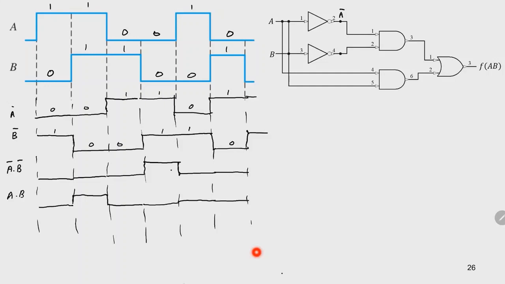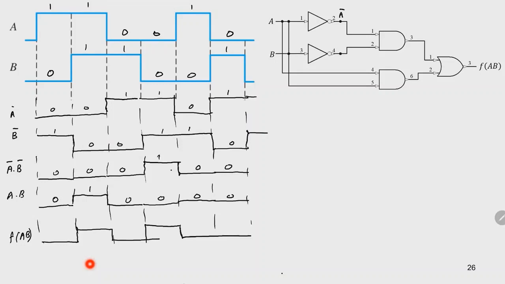And then we OR the two. So we OR this, this, and this. So we have 0, 0, 0, 1, 0, 0, 0, 1, 0, 0, 0, 0. Okay, so the final expression, that would be 0. We got 1 here. We got 1 here, and 0.